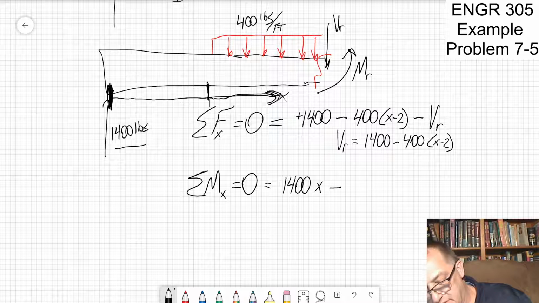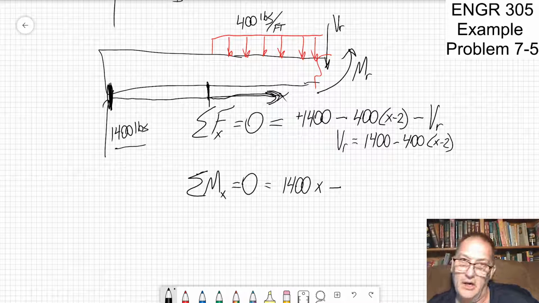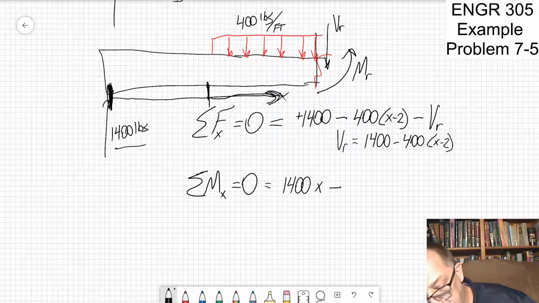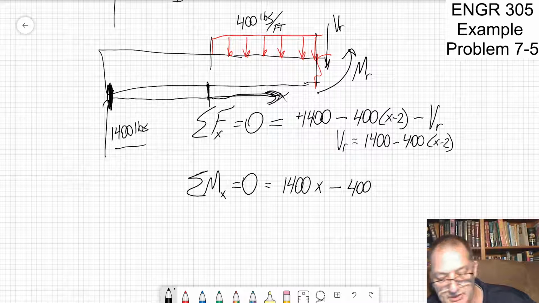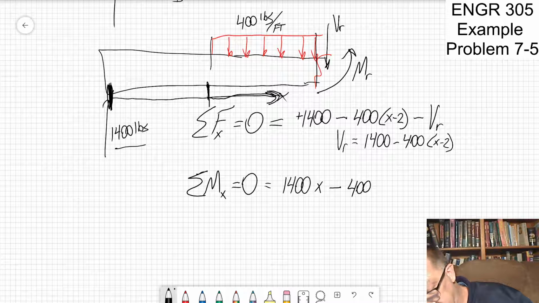And then I need to subtract. Well, how much weight do I push down? I push down 400 pounds times whatever distance I am minus 2. This is the weight.